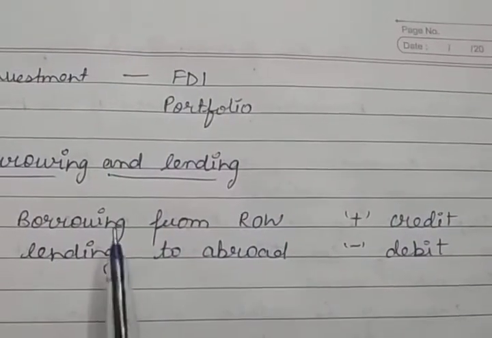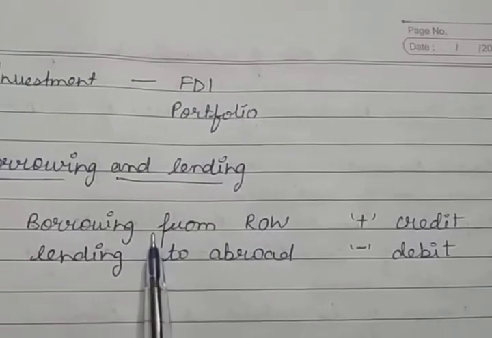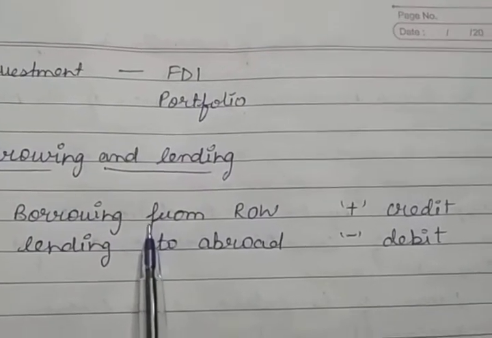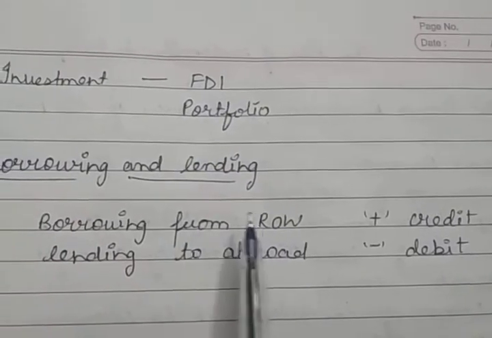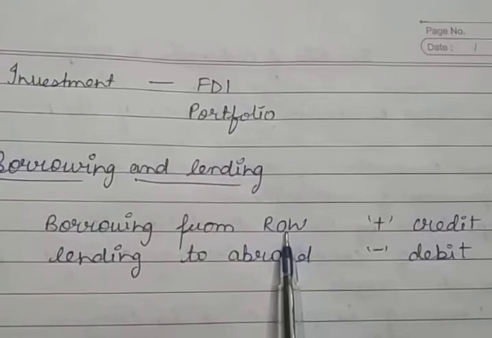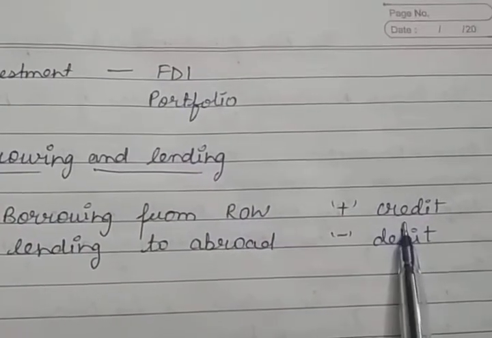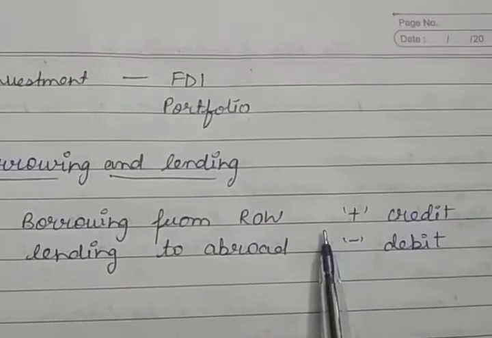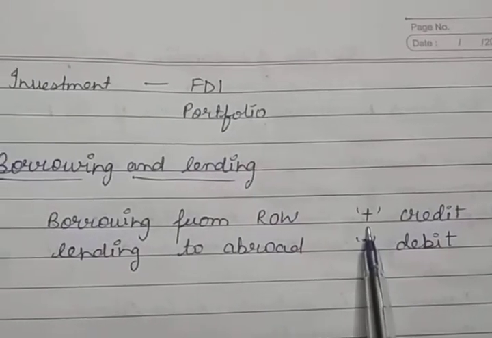That means if the government or the private institutions or individuals are borrowing from the rest of the world, or if foreigners repay a loan, everything will be recorded on the credit side of the balance of payments because it leads to the inflow of foreign exchange.